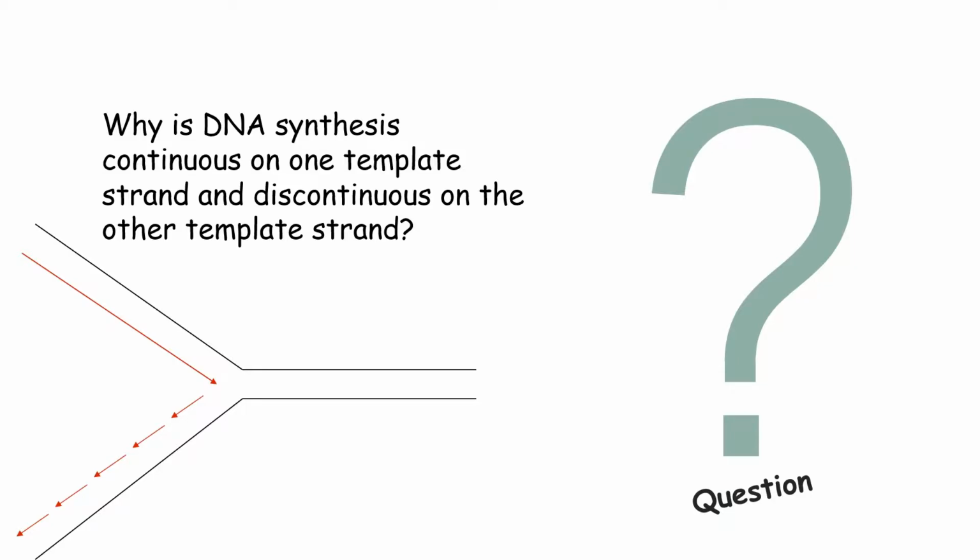Therefore, one strand must be made in short pieces called Okazaki fragments to accommodate overall 3' to 5' strand growth, while maintaining DNA synthesis in the 5' to 3' direction.